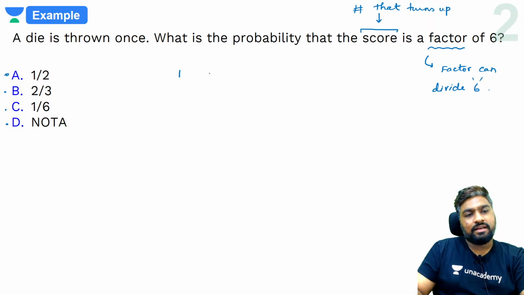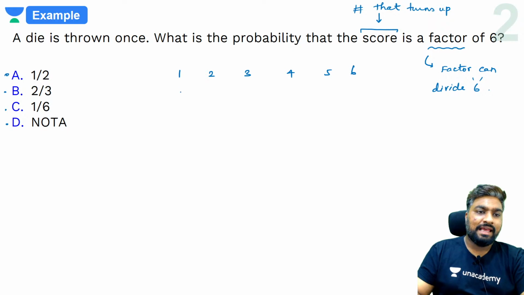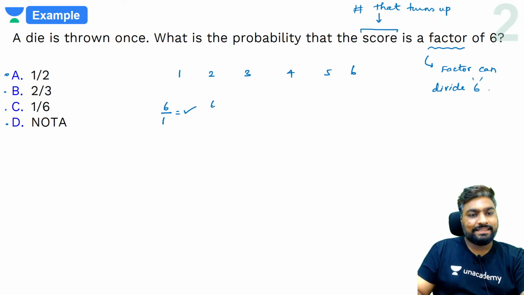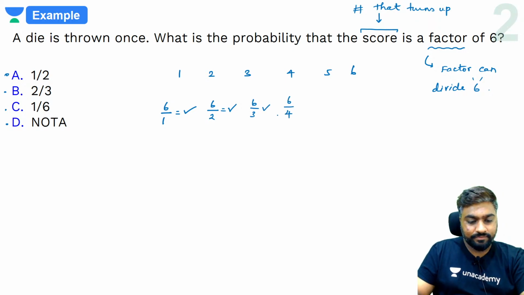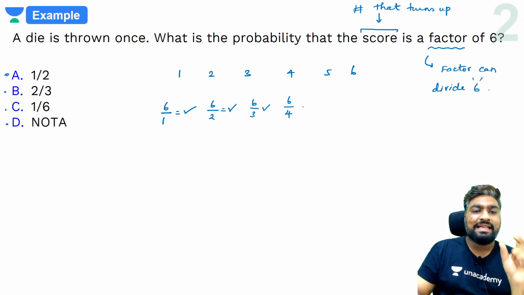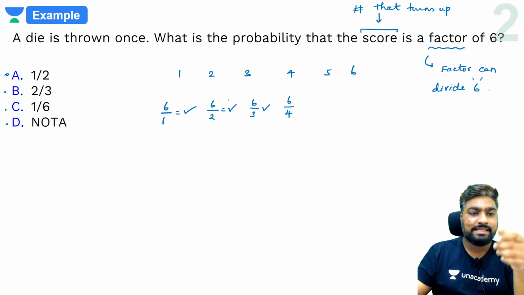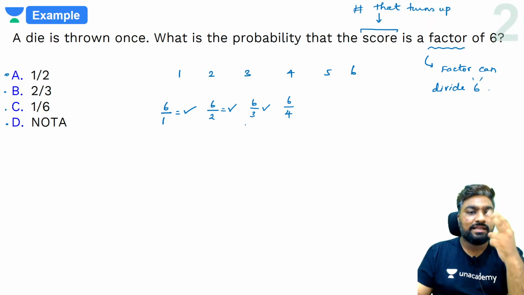So we have 1, 2, 3, 4, 5, 6. Can 1 divide 6? 6 by 1. Is it divisible? Yes. 6 by 2. Is it divisible? Yes. 6 by 3, is it divisible? Yes. 6 by 4, is it divisible? When I say divisible, I should get an integer value. 6 by 1, 6. 6 by 2, 3. 6 by 3, 2.